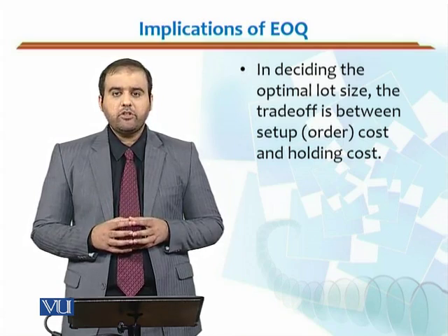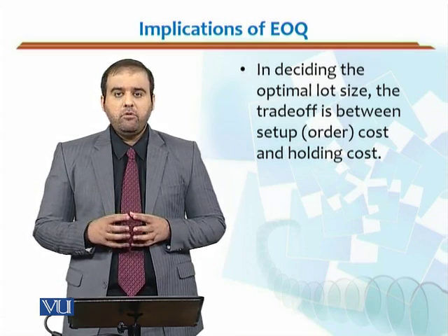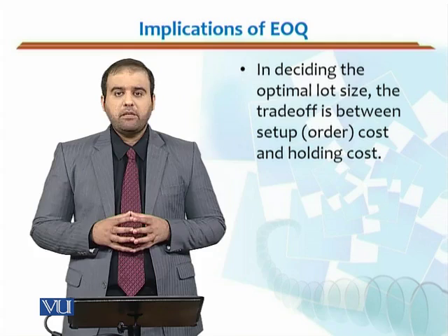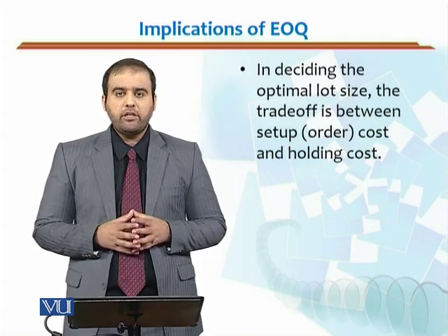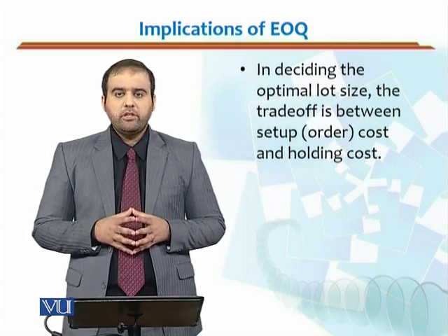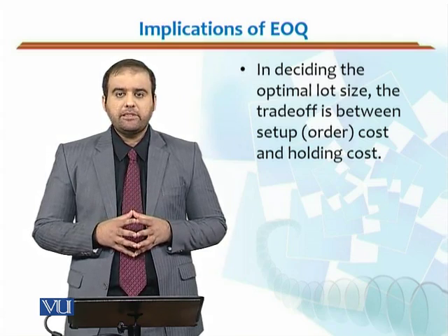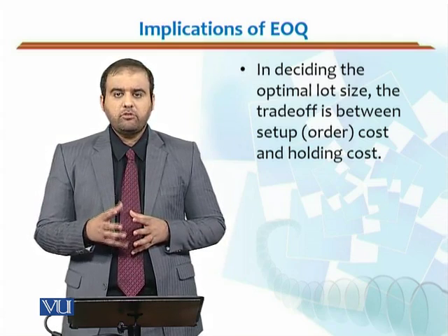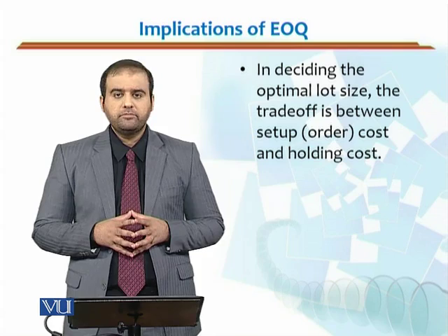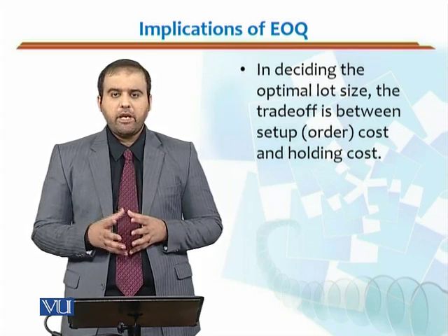The mathematical implication is, if you have made some estimation error, let's say in demand, I assumed that the demand is 10,000 or 12,000 for a year, but there was some error in it.